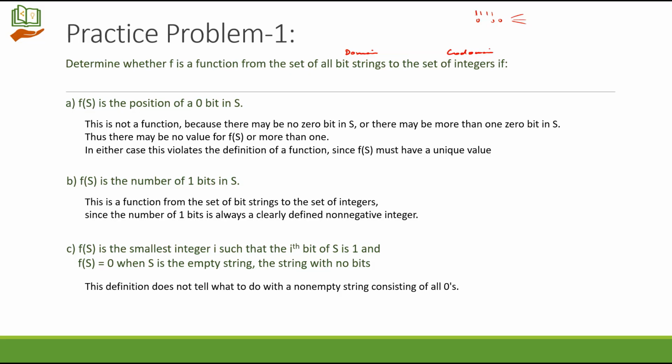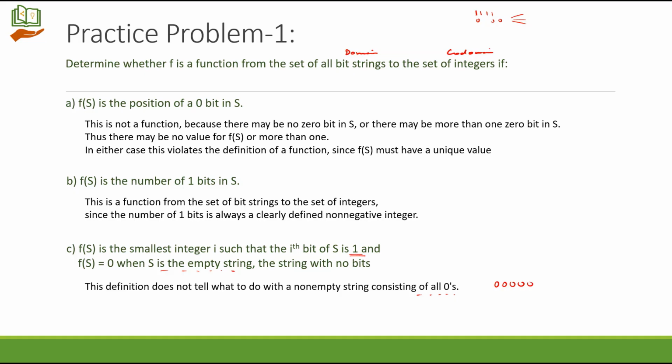It means they said it is the smallest integer such that the ith bit of s is 1, and they have told what to do when s is the empty string. But here they did not say what to do with the all-zero strings.